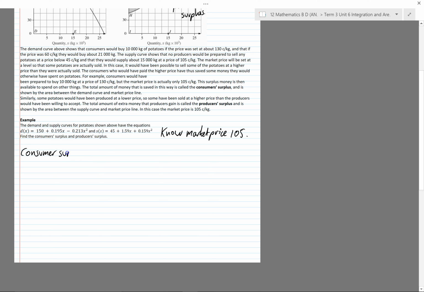So consumer surplus will be the integral between 0 and 15 of my demand curve minus my market price. And that's all with respect to the quantity.